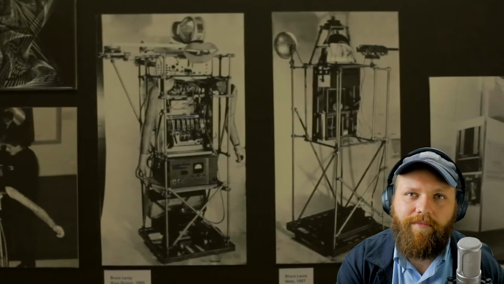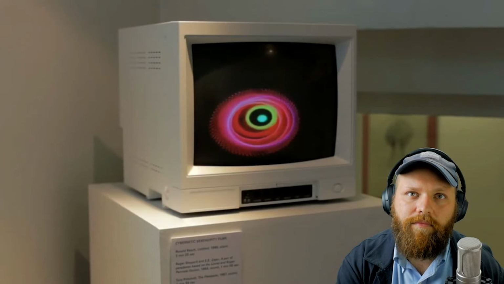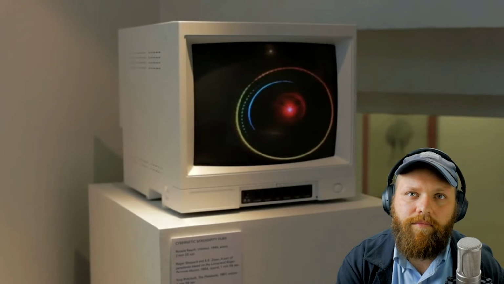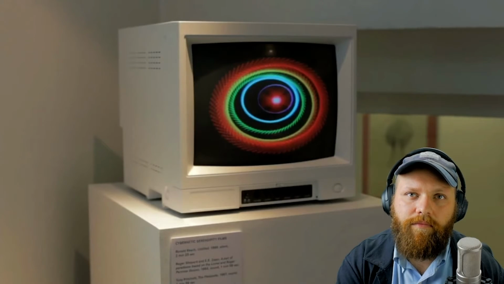There were also robots. Most of these were made by artists like Nam June Paik, Bruce Lacey, and then there were also films composed with computers and music. There was enormous interest.